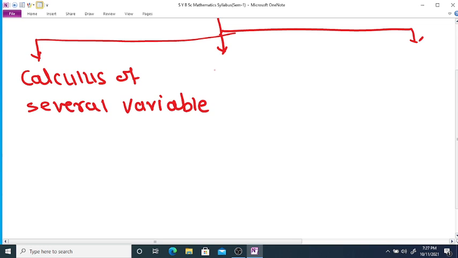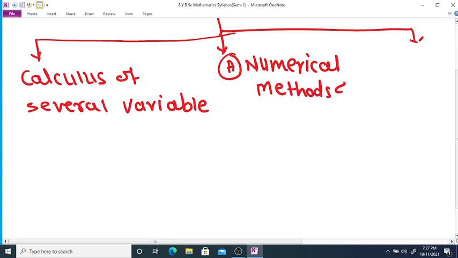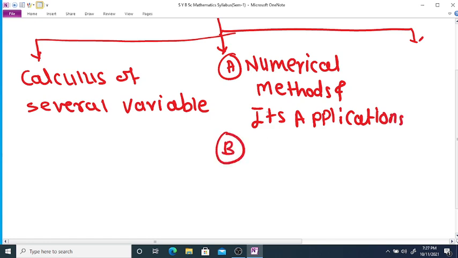The second course is numerical methods. There are 2 courses, numerical methods and its application, the A, and the B, graph theory.